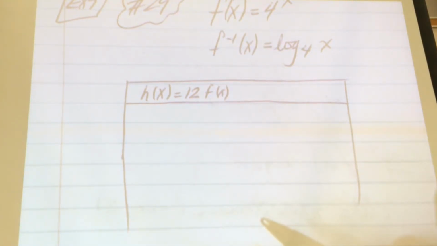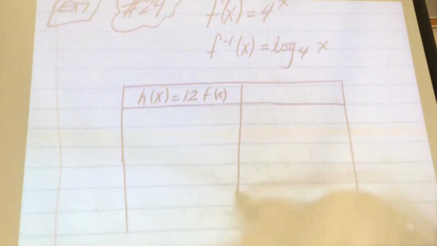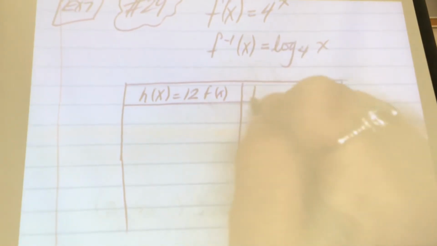Okay, perfect. So they gave me h of x is now different: 12 times f of x. F of x is right here. That's why I needed this f of x. It's 12 times that. And then they are telling me to find its inverse.